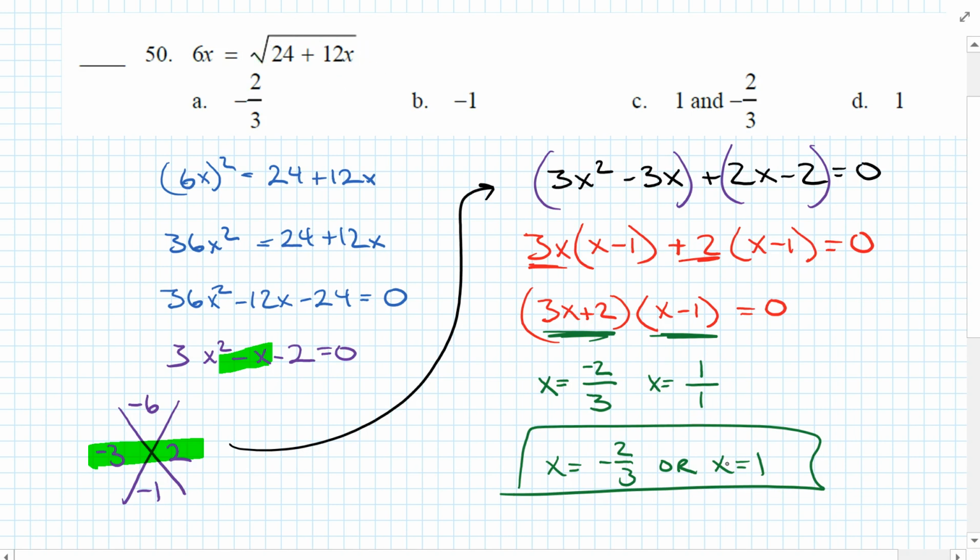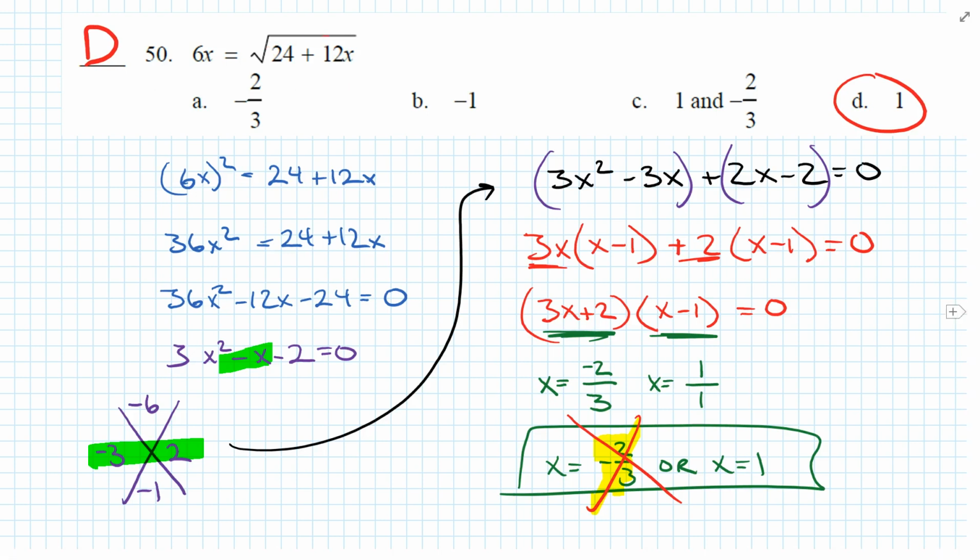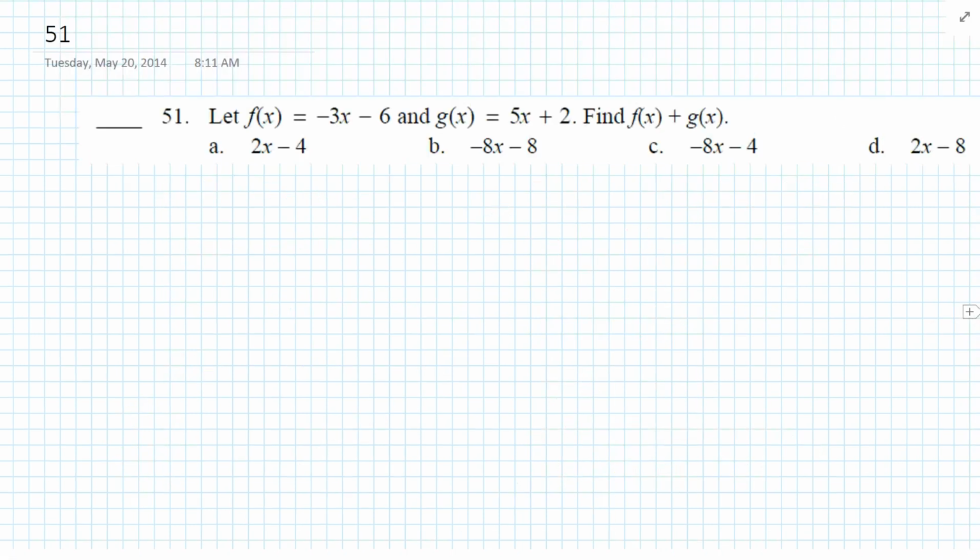But do either of these numbers make 6x negative? Yeah, negative 2/3 does. So guess what? Negative 2/3 does not work. It is extraneous. So our only answer is D, x equals 1. Okay, again, does that make sense? Because you remember, the square root of any number cannot be negative. Not a real number.